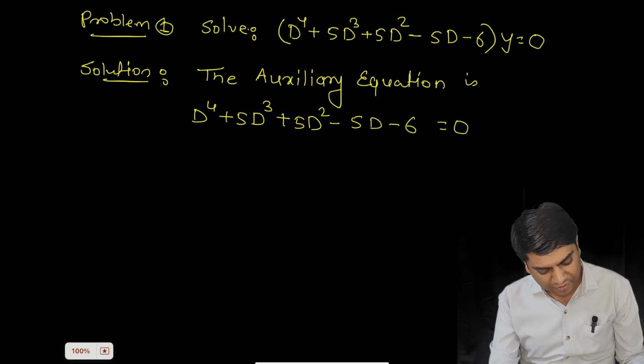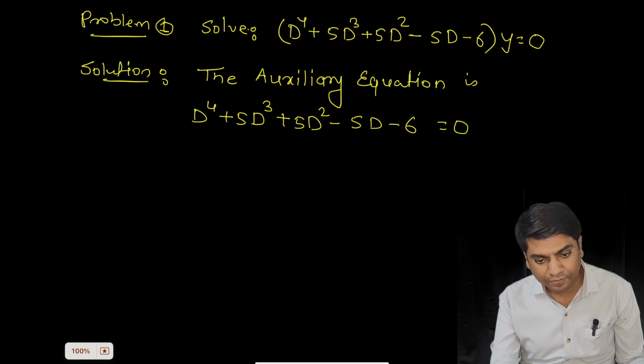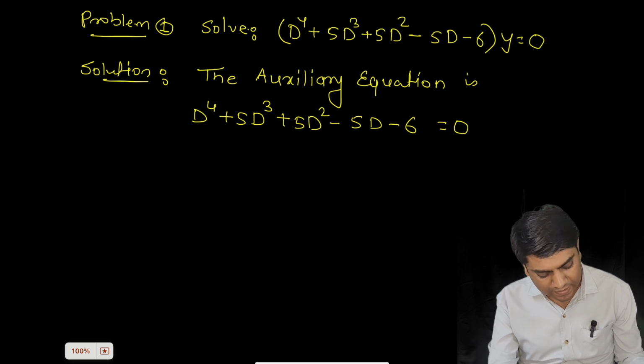Okay, so this is our given question. Now this is d raised to 4 plus 5d cube plus 5d square minus 5d minus 6 is equal to 0. So now by solving this equation we get the roots as d.